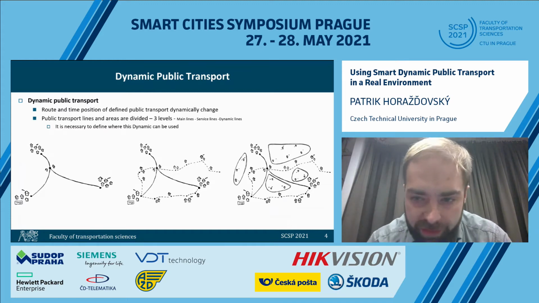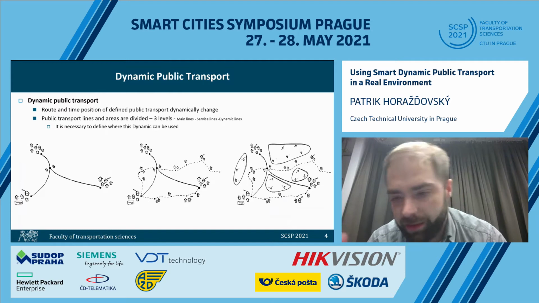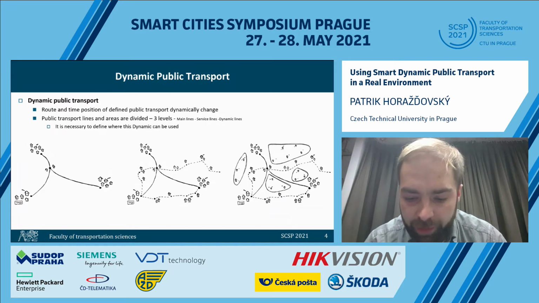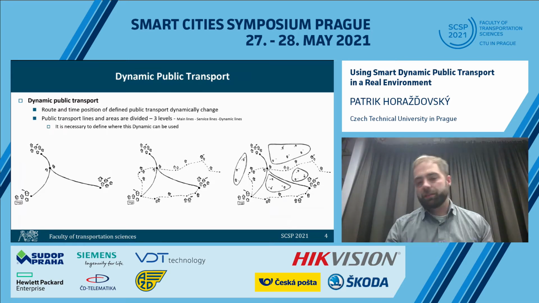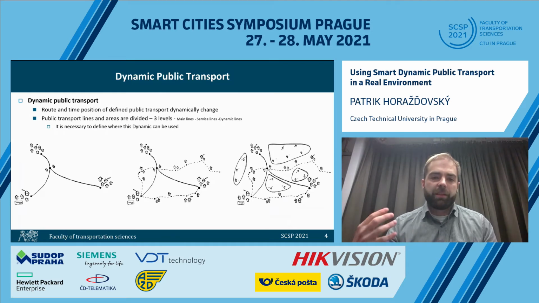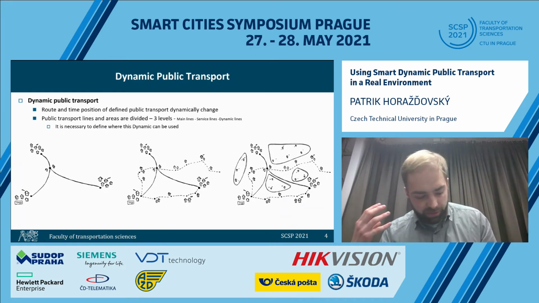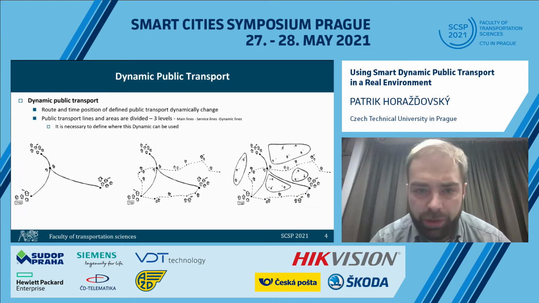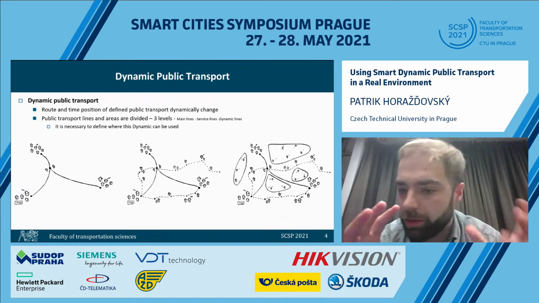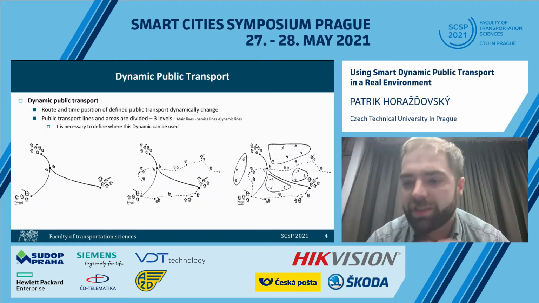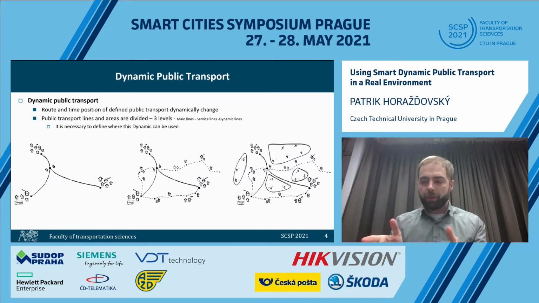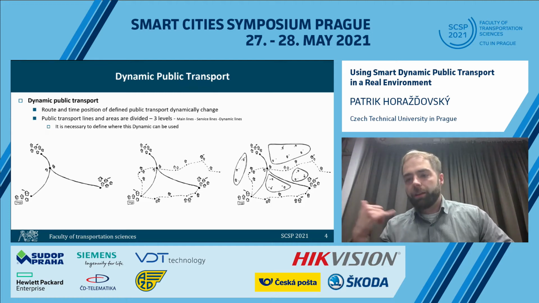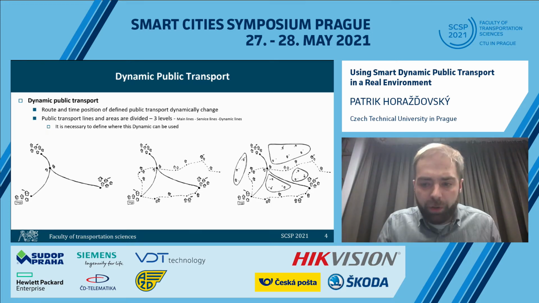and in the third level there are some dynamic parts, and in these parts I want to implement the dynamic lines. And what is the dynamic line? It's simply a public transport line with a road and time position which dynamically changes. It's not a timetable, and we will call whether it is in operation or not.